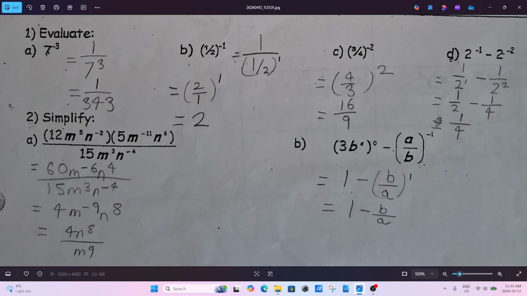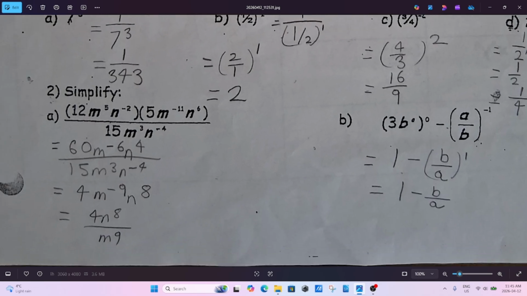Question 2, simplify. 12m to the 5 n to the negative 2 times 5m to the negative 11 n to the 6, divided by 15m cubed n to the negative 4. So we do the 12 times 5 first. That gives us 60. And there's a 15 on the bottom.